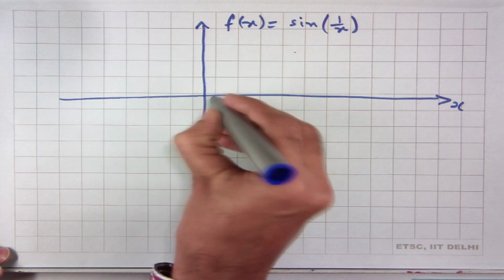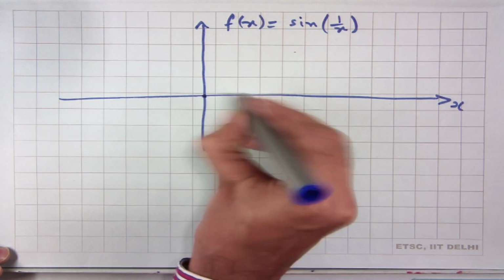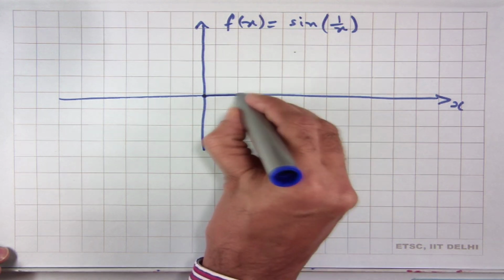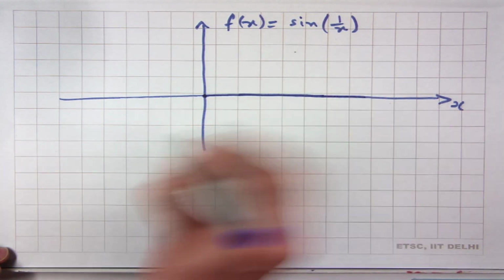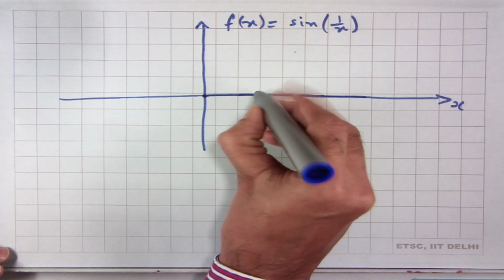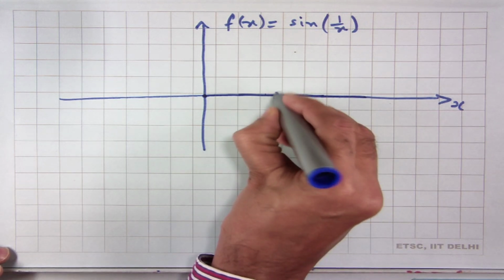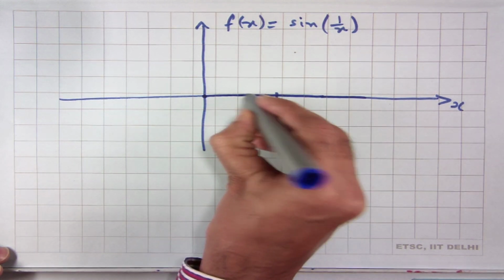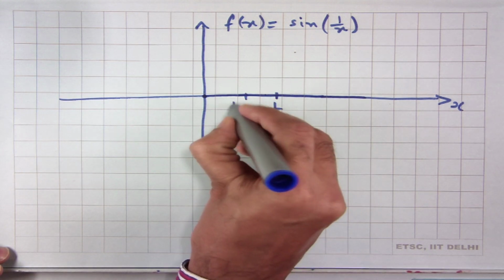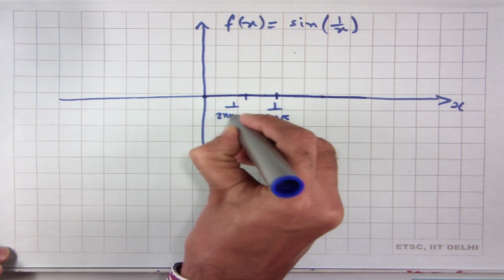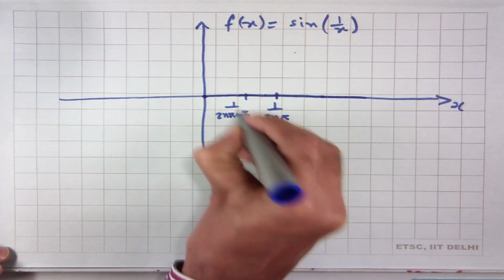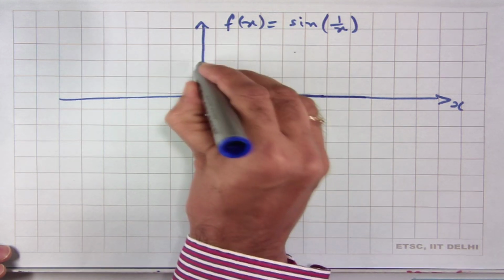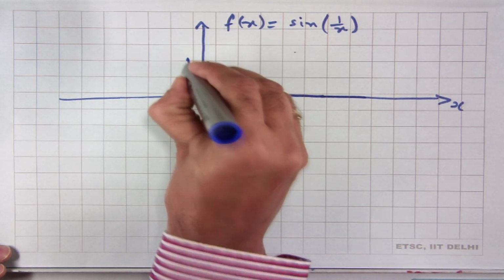So, if I am interested in the right hand limit, I need to look at the value of this function to the right of this. So, if I take some 1/(2nπ), and then I have 1/(2nπ + π/2), then the value of this is varying from 0 to, let us say, 1.